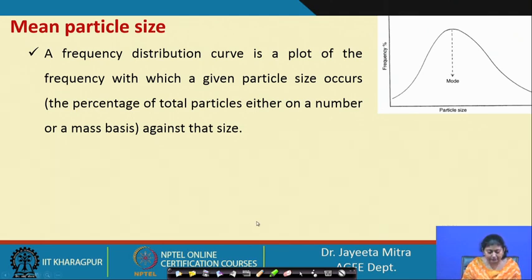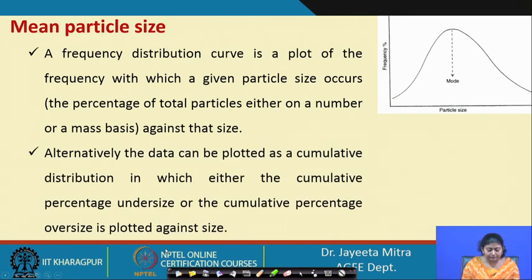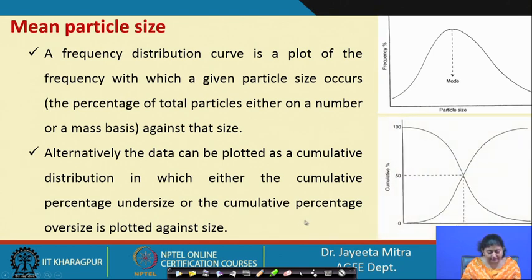So, we can identify which is the mode of that distribution. Alternatively, the data can be plotted as a cumulative distribution, in which either the cumulative percentage undersize or the cumulative percentage oversize is plotted against the size.